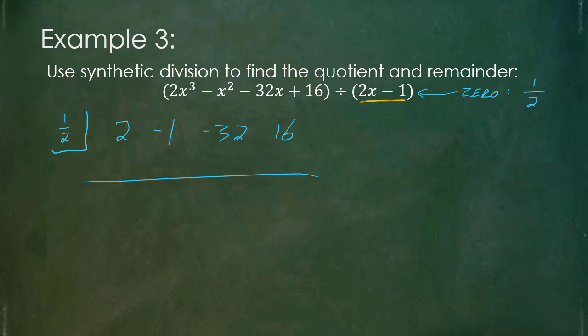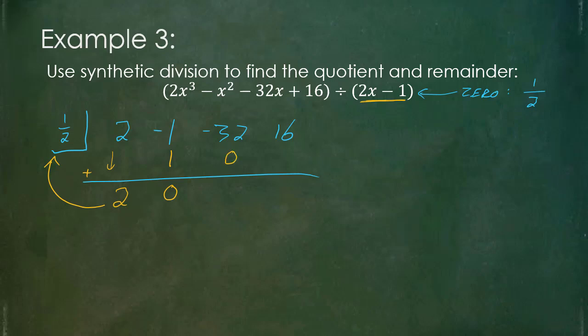And I'll drop this first one down because there's no number there, so 2 plus 0 would just be 2. Again, I'm adding vertically. To come up with the next number, I would multiply, so I'd have 2 times 1/2. Well, 2 times 1/2 is 1. -1 plus 1 is 0. Then I go, okay, well, I've got 0 times 1/2.